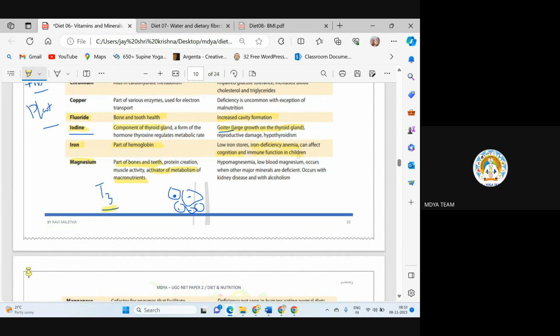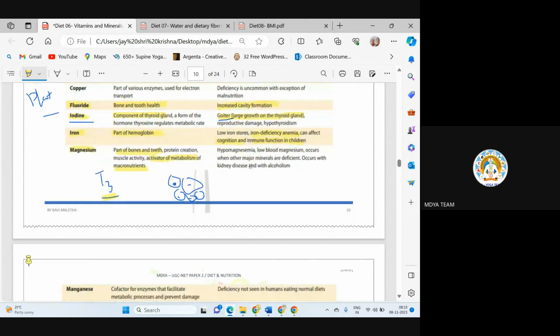Okay, no need to remember the magnesium deficiency. It is not that much common. Magnesium deficiency can only happen if you are not taking any diet, if you are just skipping food for many days. It is not that much common.